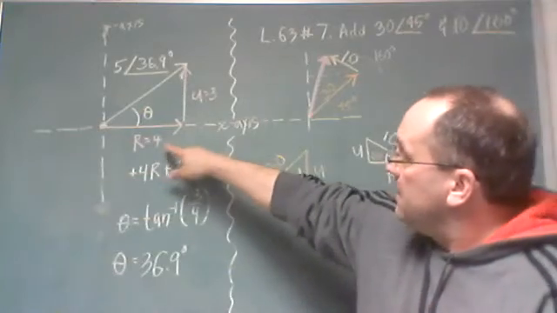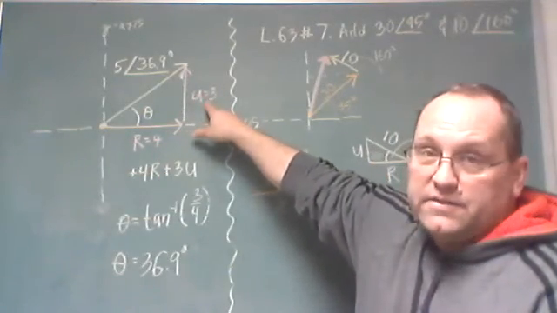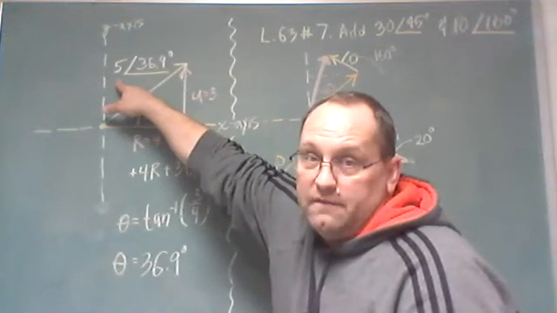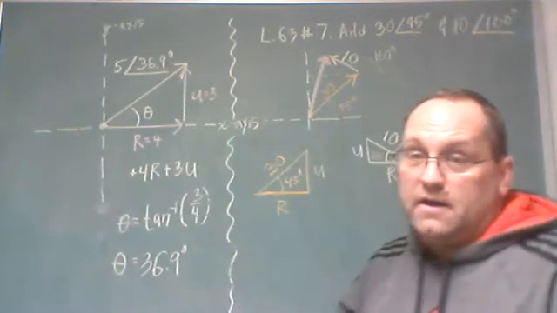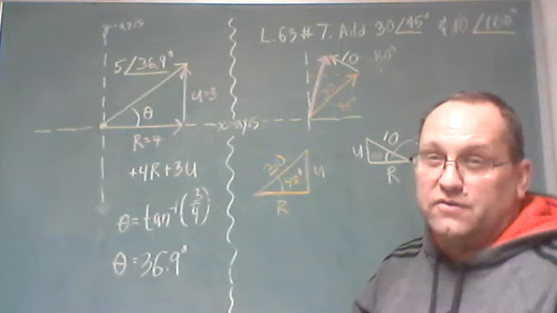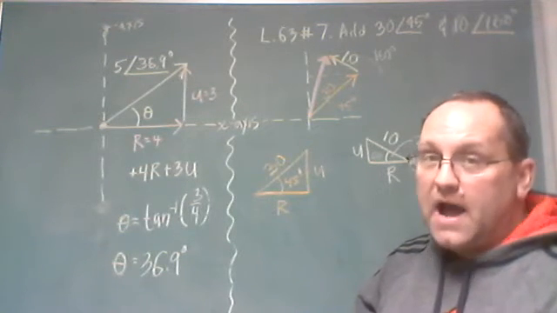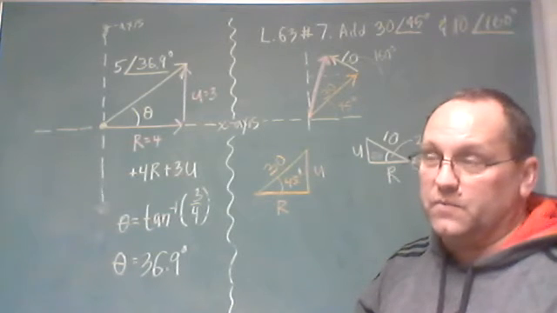And we notice if we added 4 plus 3, that would be 7. That does not equal 5, when we add those two vectors together, because they're not in the same direction.